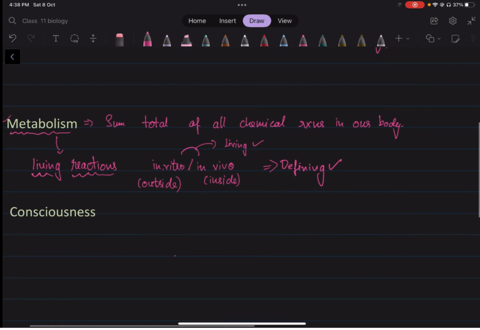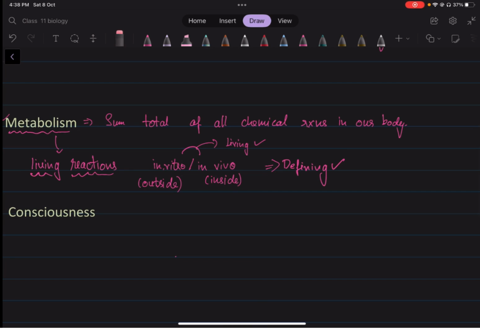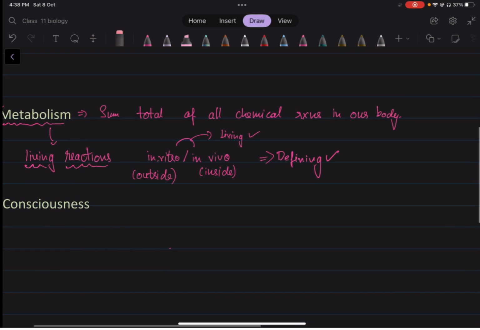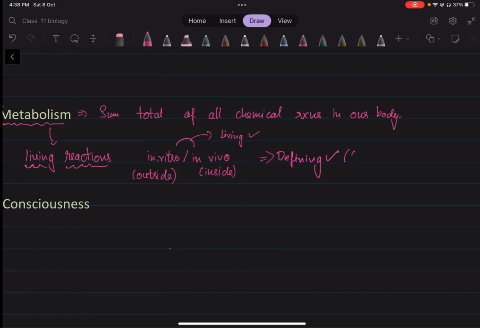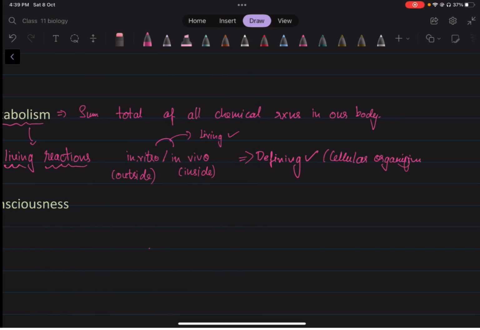And usually metabolism takes place in cells, right? It takes place in cellular aggregates or cellular organizations. So we can also say that cellular organization, which is literally beaming with metabolism, is also a defining feature of living things, right?